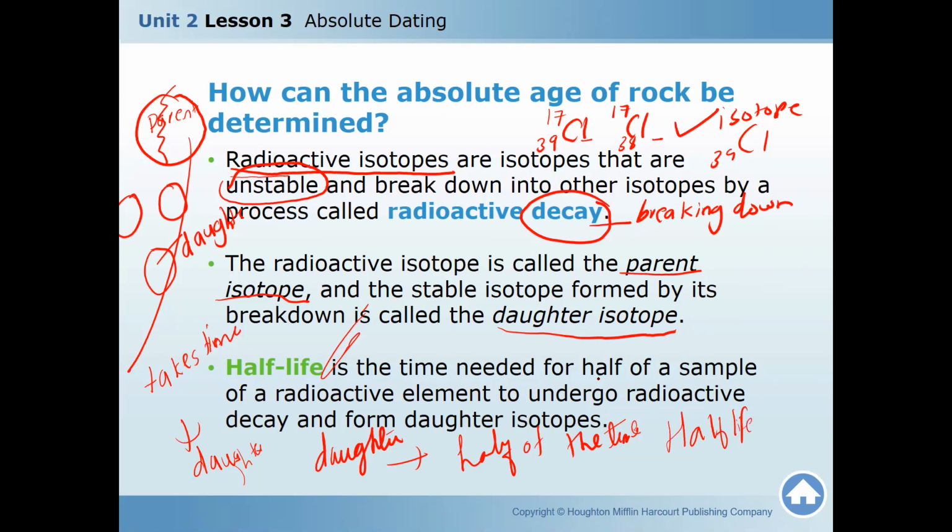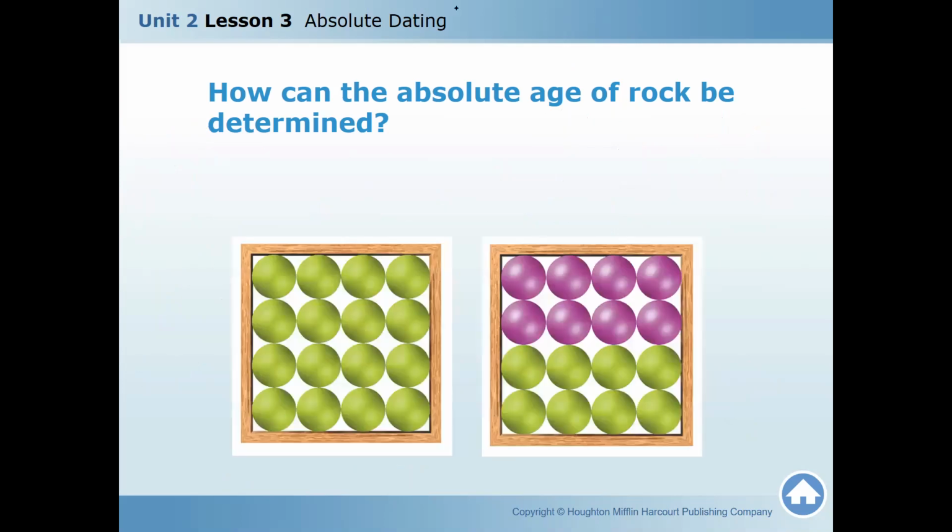The time for half of a sample of a radioactive element to undergo decay is called half-life. Now, how can the absolute age of rock be determined?